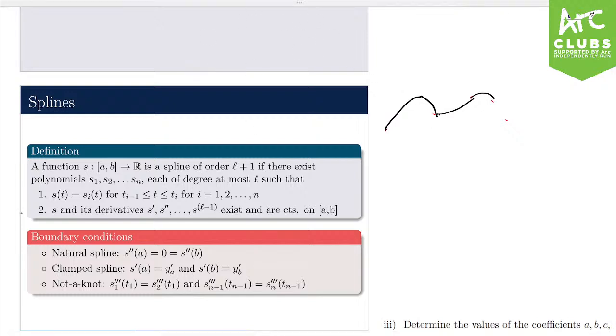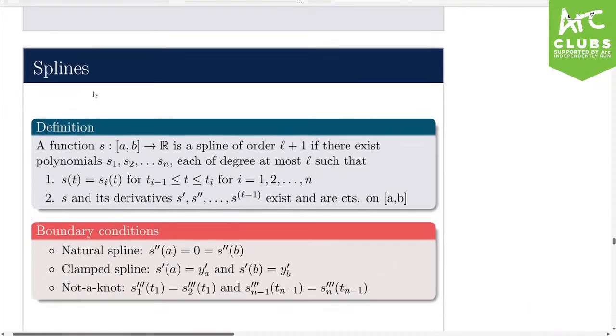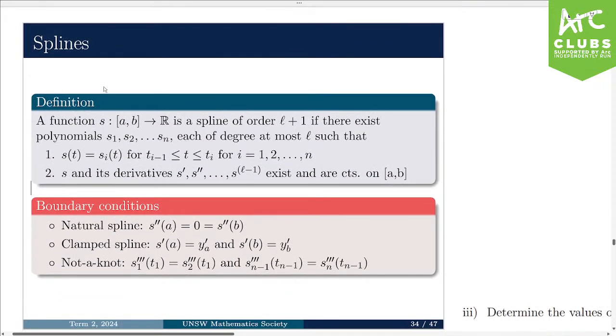Then this second part is matching the derivatives, so you still have a smooth curve. The type of splines we use the most in the course are cubic splines, so part 2 will just be matching the first 2 derivatives.